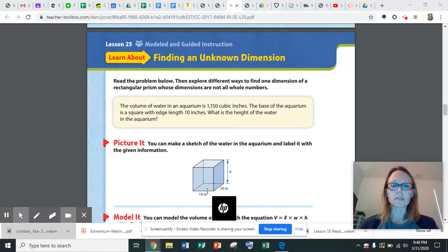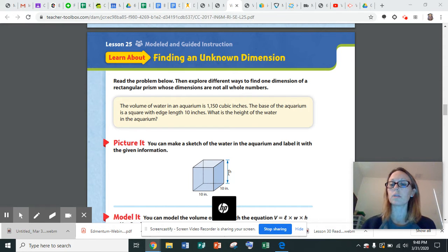You see that the base is a square, so it's 10 inches by 10 inches. But then the side is more of a rectangle, because it says that it's a rectangular prism. So the base is a square, 10 inches by 10 inches, but this side is a rectangle. So it's a height. We don't know the height, but now we know the total volume that's in there.